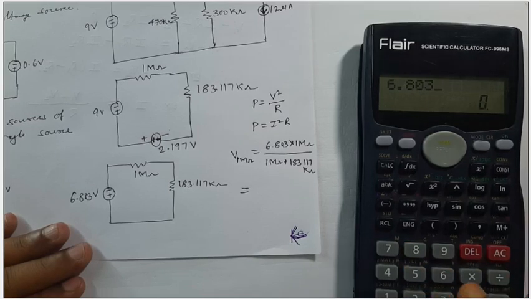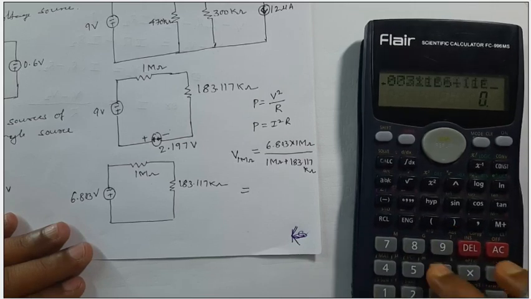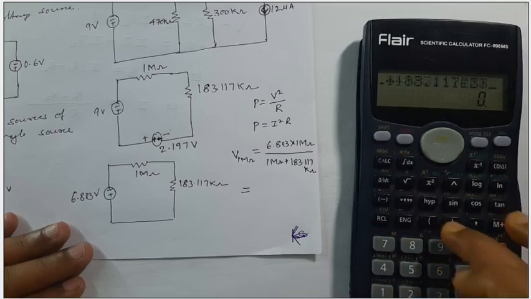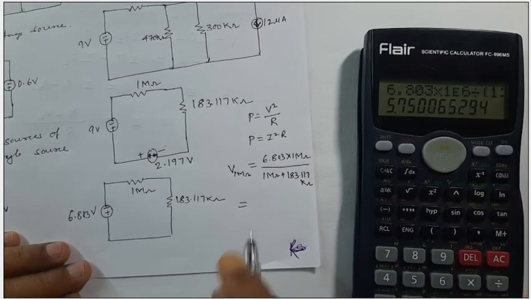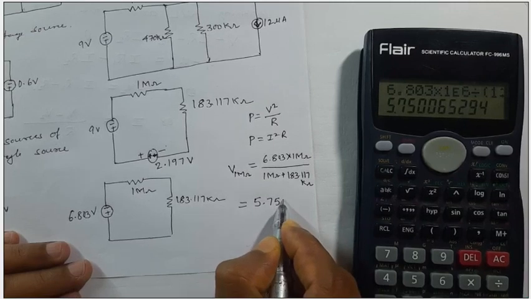So this is equal to, let us calculate this, 6.803 into 1 mega divided by 1 mega plus 183.117 kilo, and this is equal to 5.75 volts.